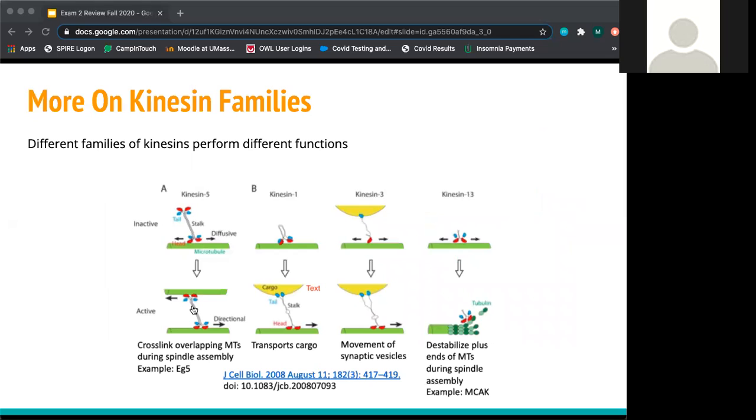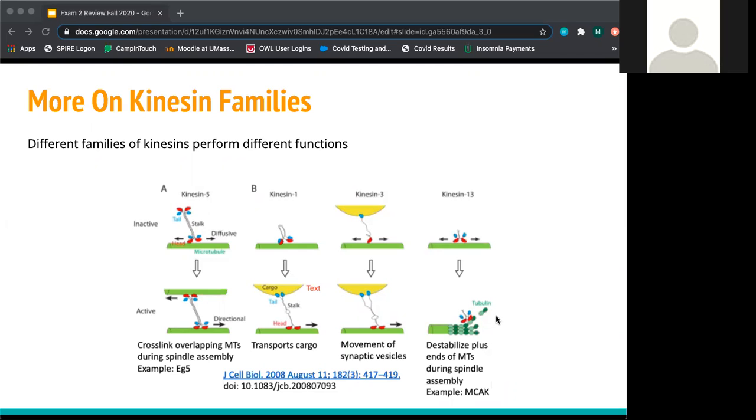Okay, so these are just some examples of some kinesin families. So here we have the kinesin 5 family, and they're overlapping microtubules, and they help with spindle assembly because they're tetramers. So since every other one has 2 of these, but this one has 4. And since it has 4, it can change the directionality of the 2 microtubules to make them go in different directions from each other.